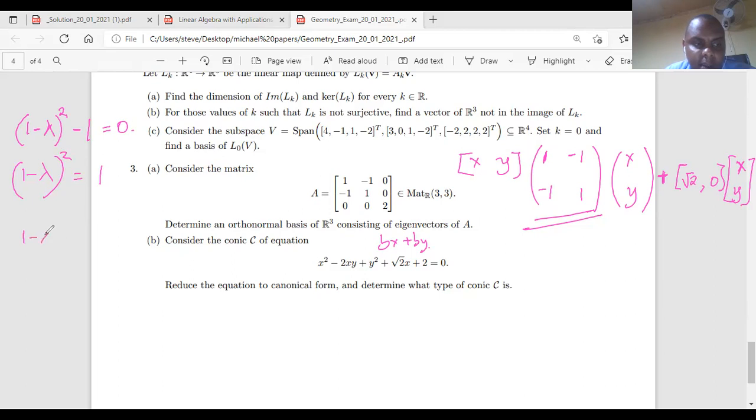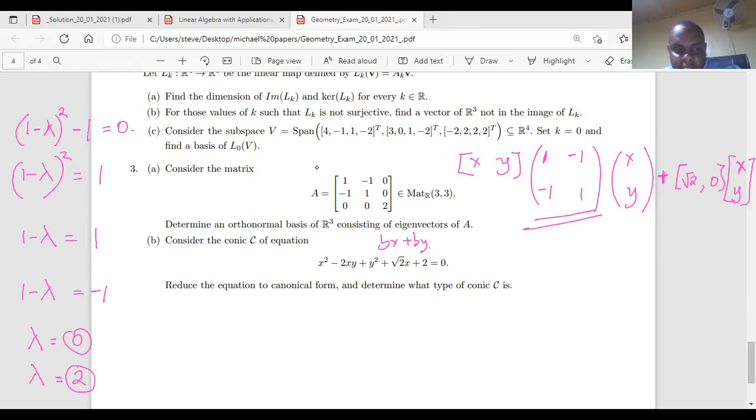And so 1 minus lambda could be equal to 1, or 1 minus lambda could be equal to -1, meaning that lambda could be equal to 0, or lambda could be equal to 2. So we have lambda equals 0 and 2.